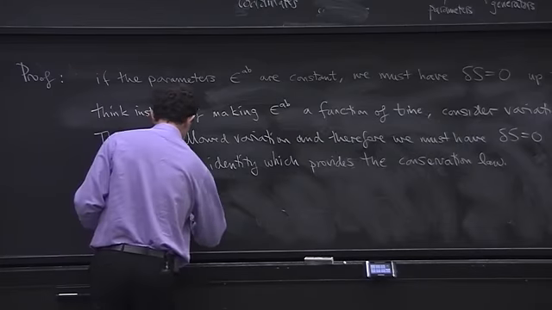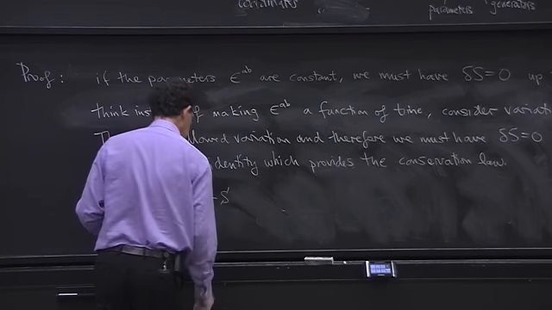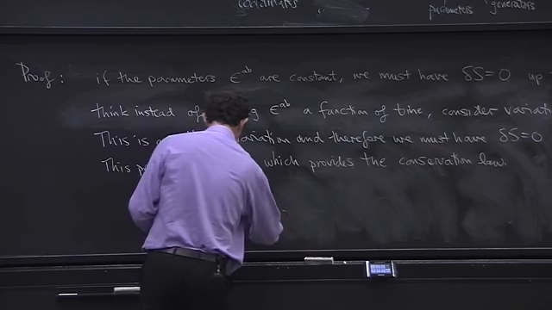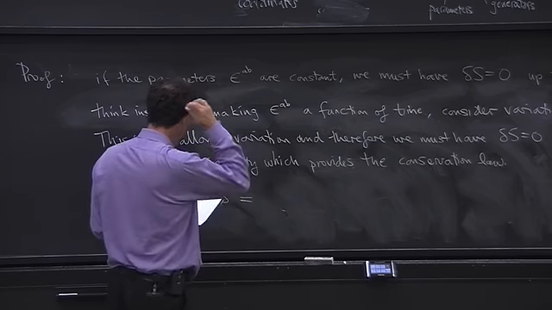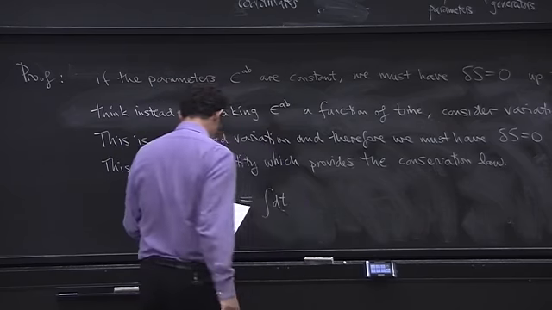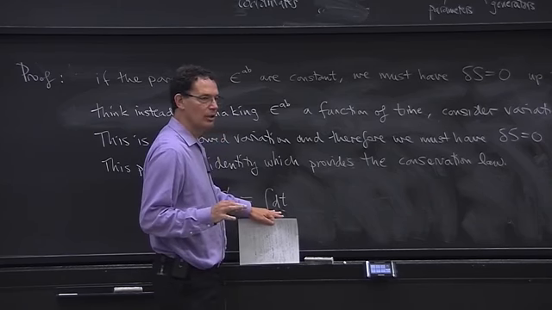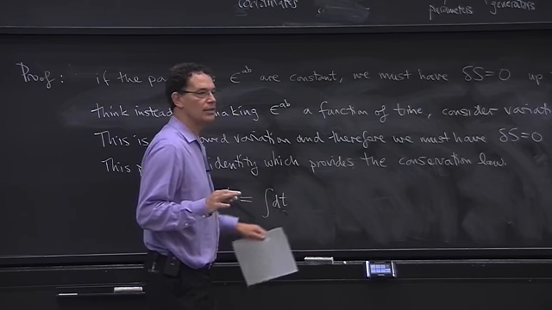The variation in the action, which is S prime minus S, this is equal to, well, it's a symmetry, so this is a quantity which must be 0 if epsilon is a constant.